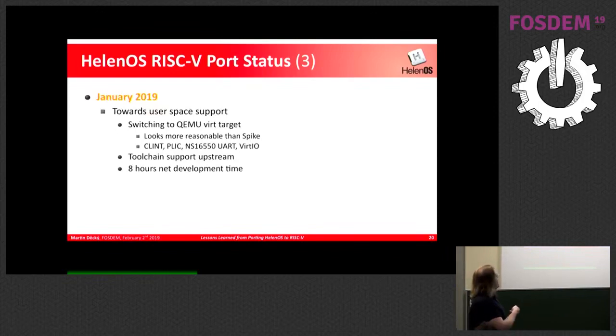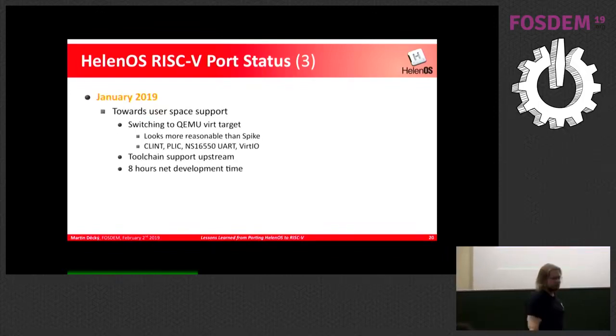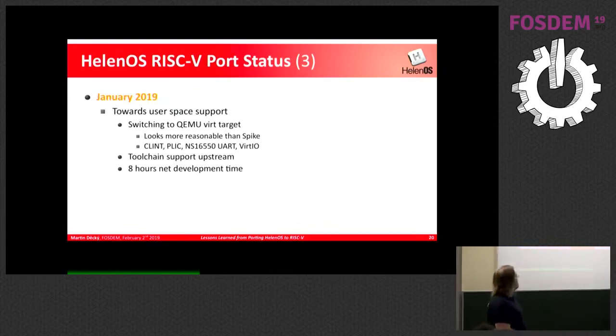You have a normal UART serial I/O there. You can use VirtIO for networking and stuff like that. So this finally looks like a decent platform to support, and the toolchain and everything is already upstream. So this looks pretty usable right now.